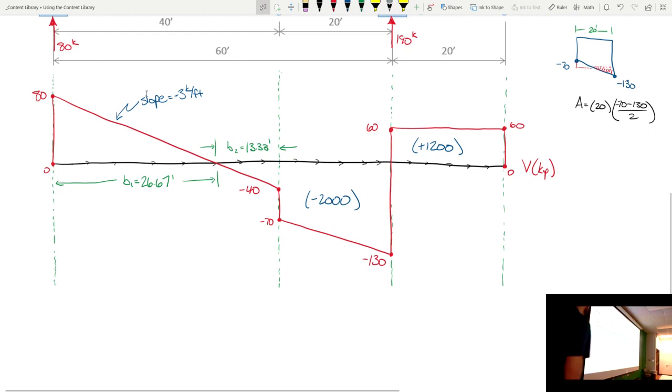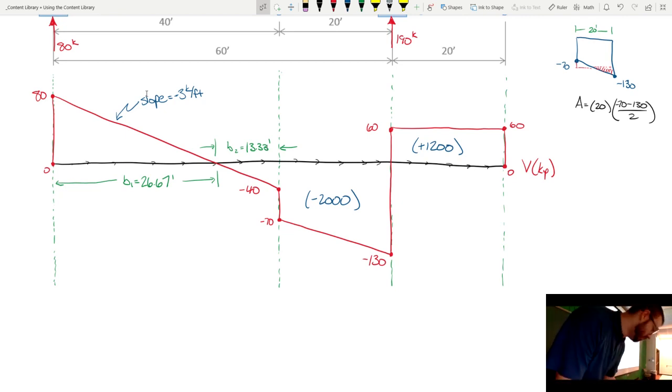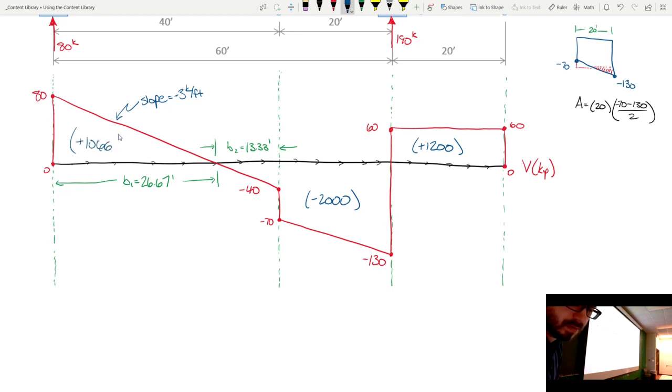So we should be able to get the area of these triangles pretty easily. Let's start off with this one. What is 1/2 of 80 times that? We'll say 1 decimal place just to keep everything simple. 1,066.8. I got 0.7, 0.7, 0.8, doesn't matter.